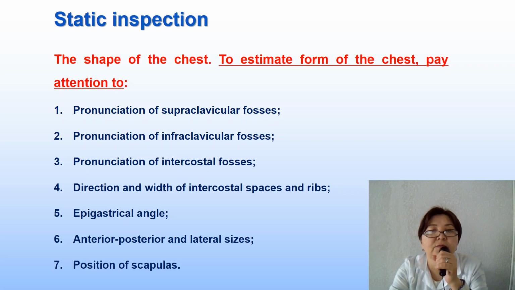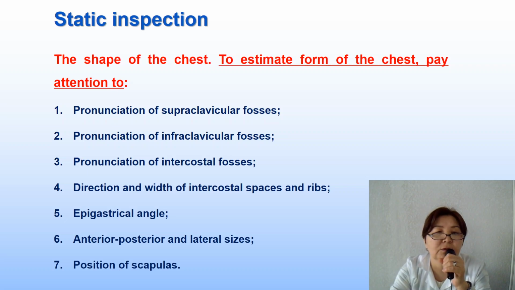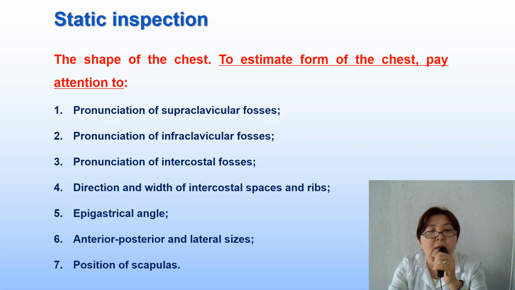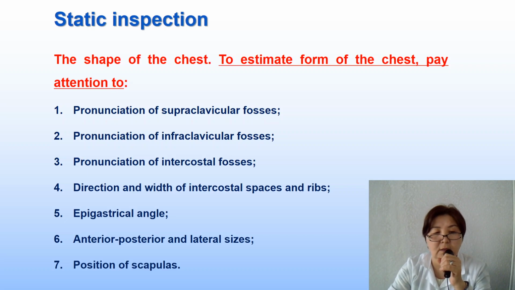To estimate form of the chest, pay attention to prominence of supraclavicular fossas, infraclavicular fossas, intercostal fossas, direction and width of intercostal spaces and ribs, epigastric angle, anterior, posterior, and lateral sizes, position of scapulas.